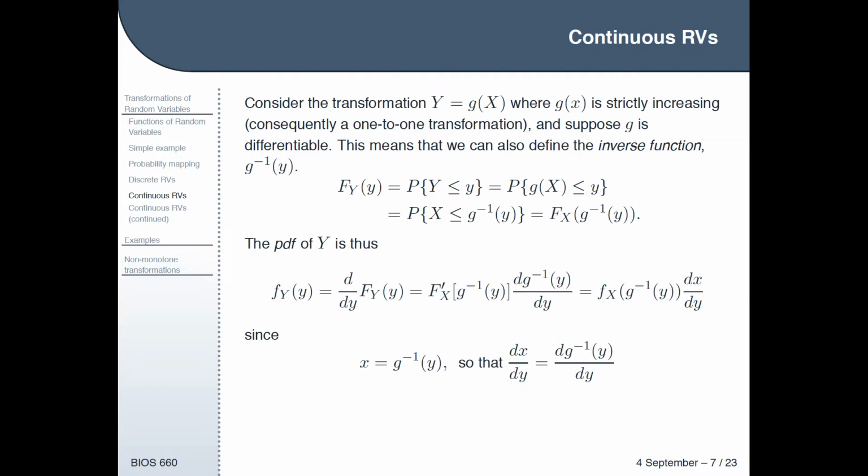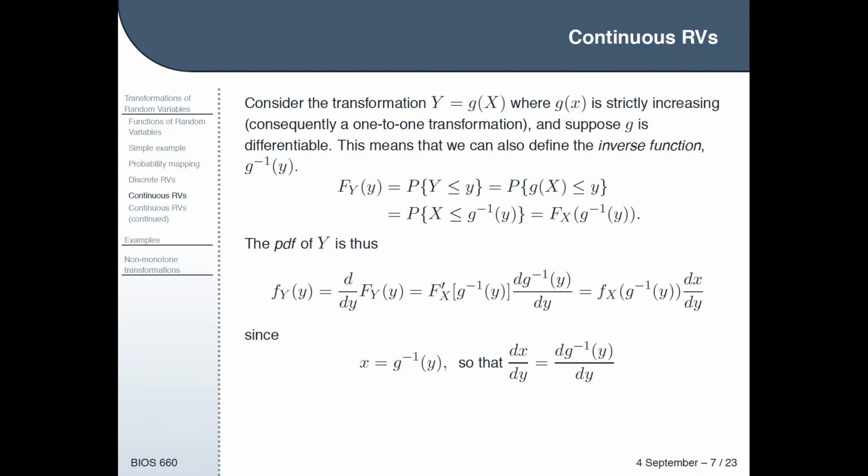I had to remind myself of this. In general, the chain rule says that if you're differentiating an f of g of x, then the derivative is going to be f prime of g of x times g prime of x.